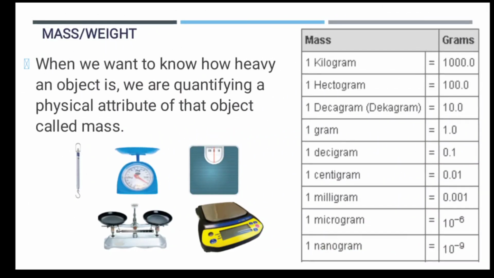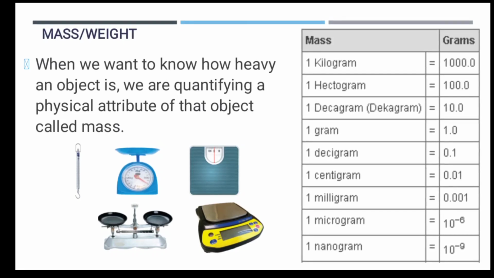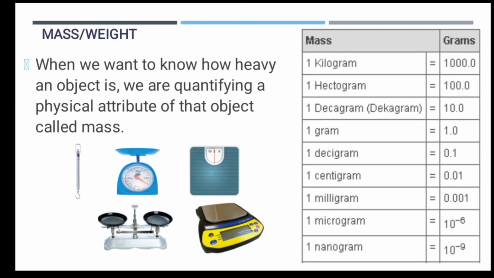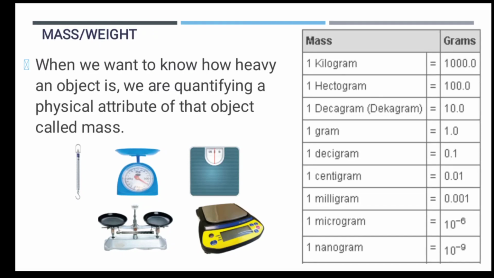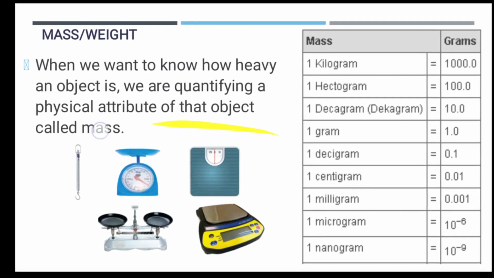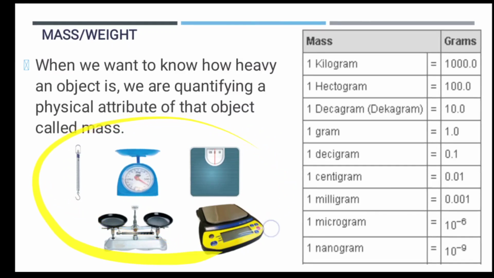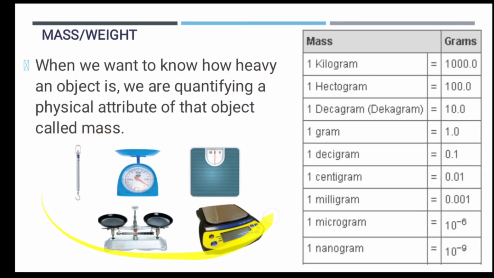Now let's move on to mass or weight. When we want to know how heavy an object is, we are quantifying a physical attribute of that object called mass. So for us to identify the mass or the weight of an object, we will be using different weighing scales.